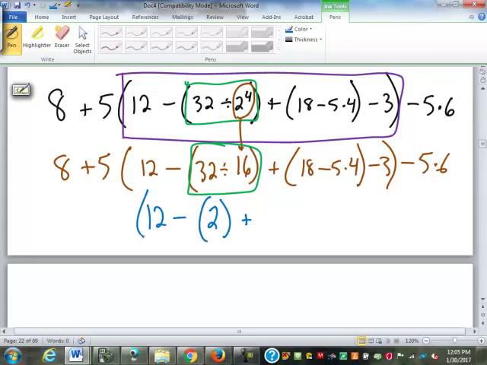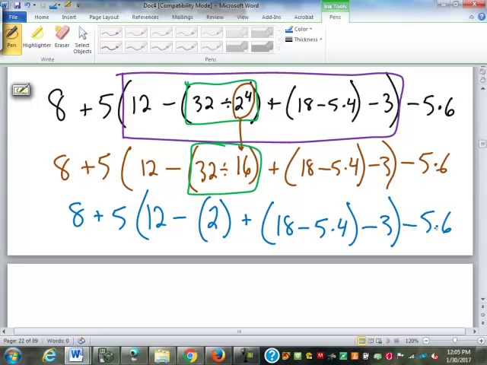Once again, the rest of the problem remains totally unchanged. Now, I've reduced what's in that set of parentheses to a single number, so I don't need the parentheses anymore. So I can take them out. Now I'm going to cheat and just erase them. I do have to check when I take them out, is there an operation on each side of the parentheses? And in this case there was, so I can go ahead and just take out those parentheses.